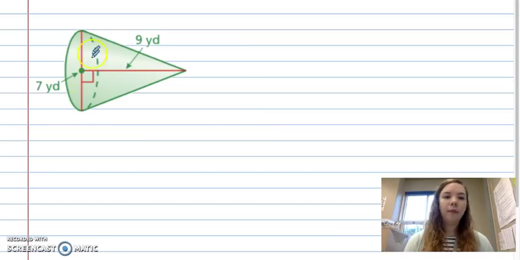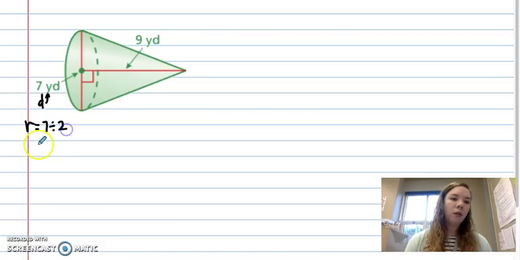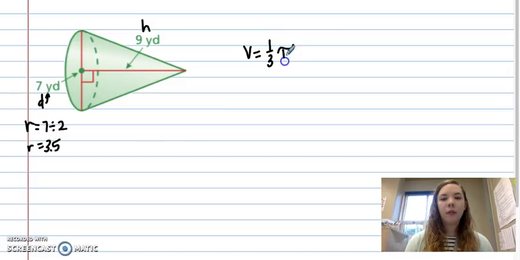All right, here, 7 is on my circle, but it's going all the way across. So 7 is my diameter, which makes my radius 7 divided by 2, or 3.5. 9 is my height. So when I use my formula, 1/3 pi r squared times height, my radius is 3.5 and my height is 9.